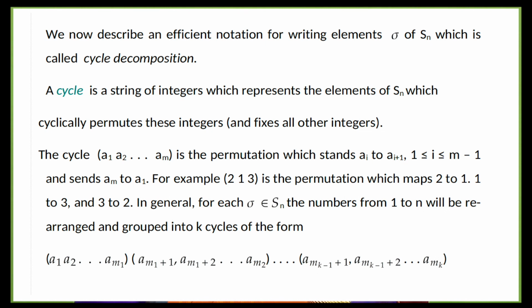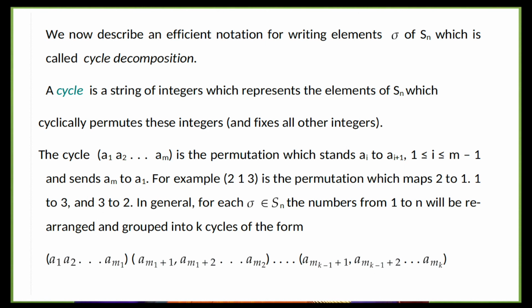The cycle (a1 a2 ... am) is the permutation which sends a_m to a1. For example, (2 1 3) is the permutation which maps 2 to 1, 1 to 3 and 3 to 2.